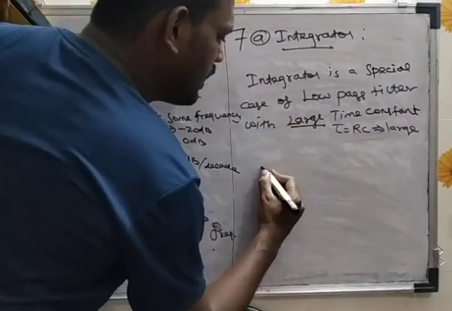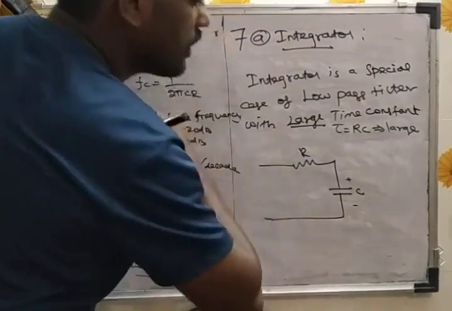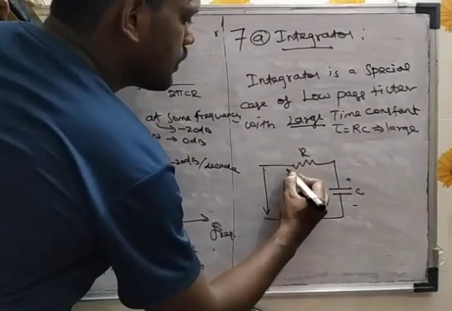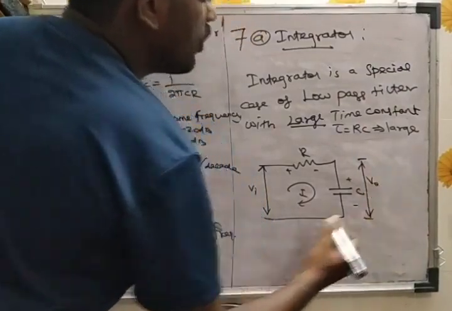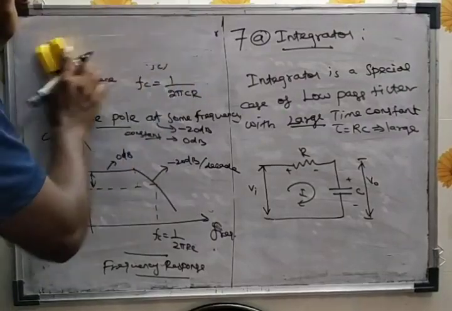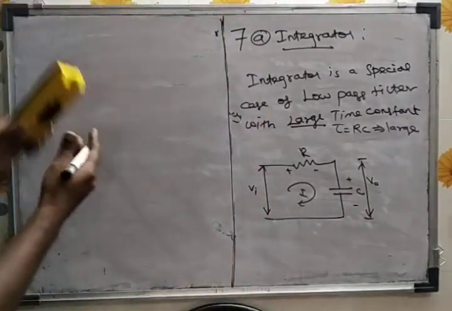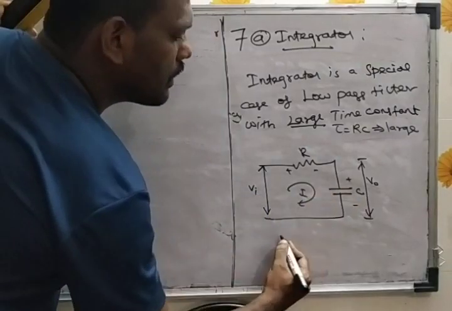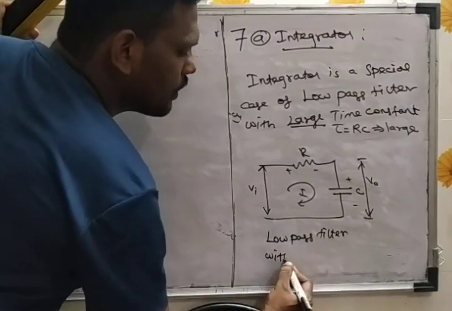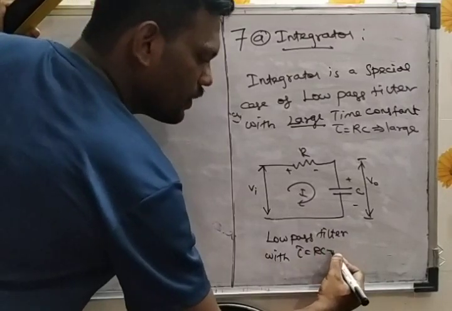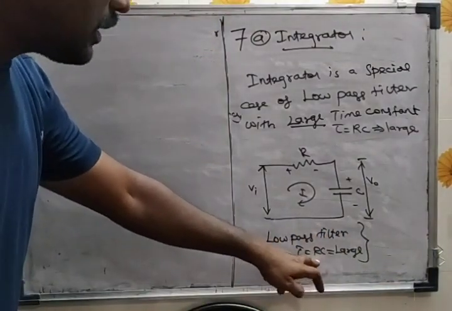So for the integrator, it is the same low pass circuit, a low pass filter with tau equal to RC very large.